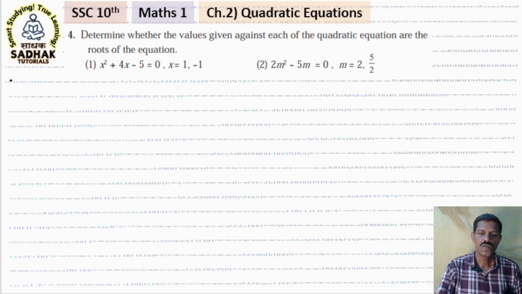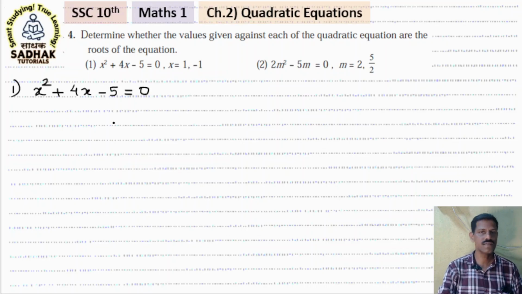So let us start with the first one. In the first question, you can see the equation that is given is x square plus 4x minus 5 is equal to 0. This is the equation that is given.